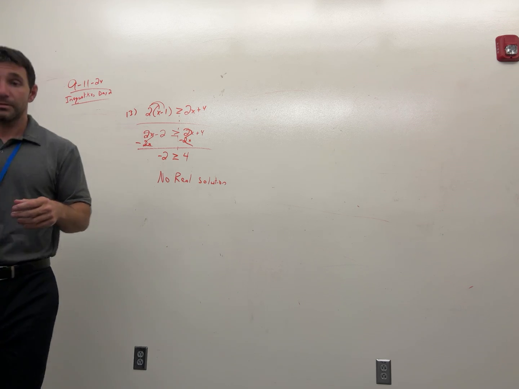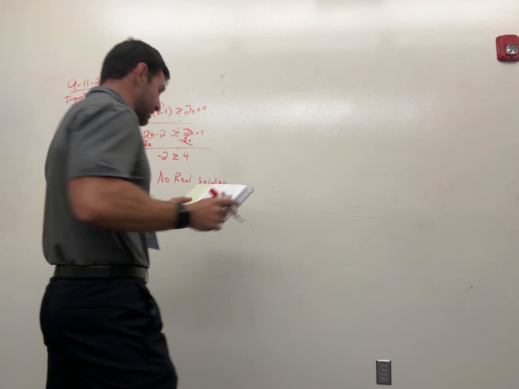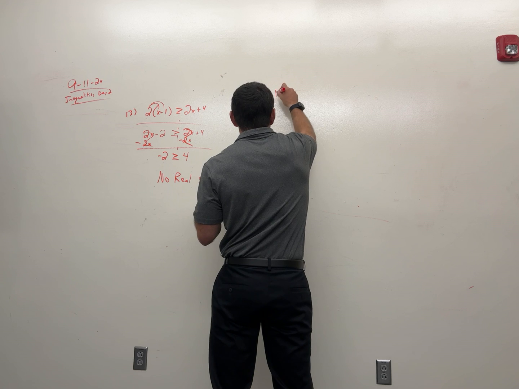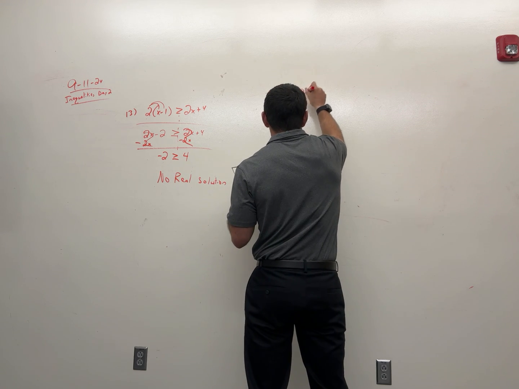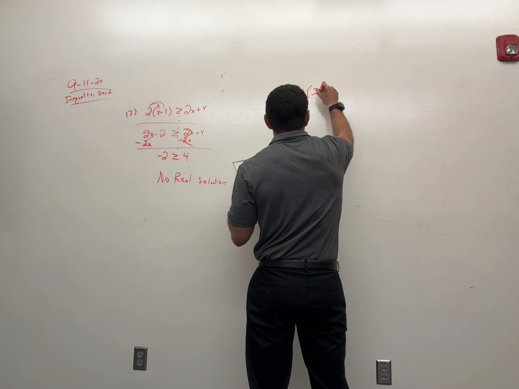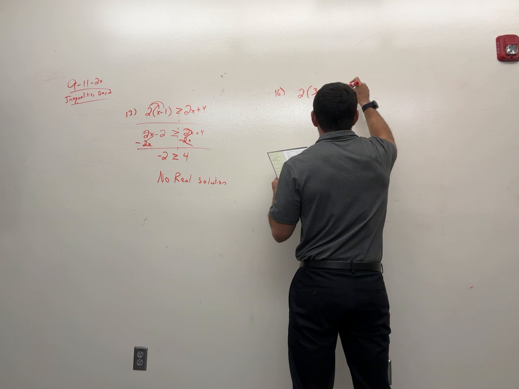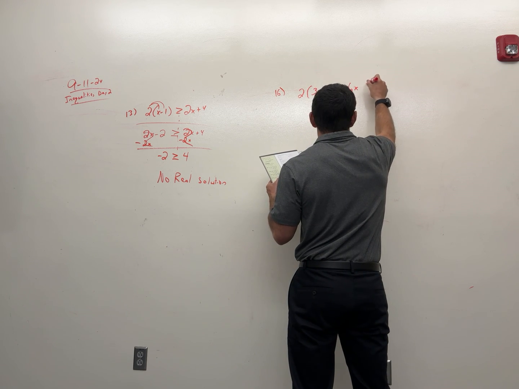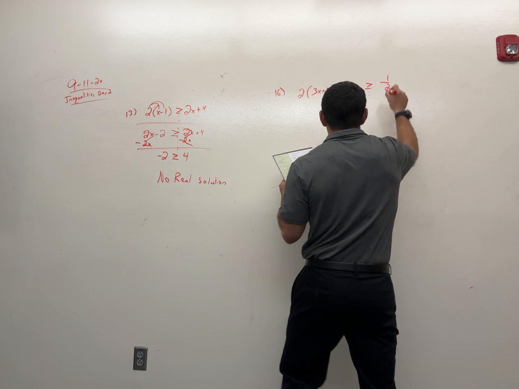The opposite holds true for 16. Because, watch what happens here. We have 2(3x plus 1) minus 6x is greater than or equal to negative 1/2.